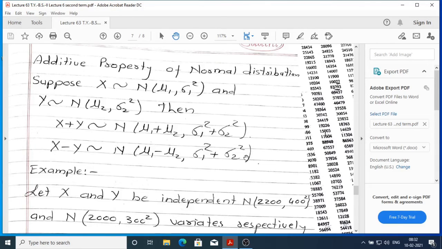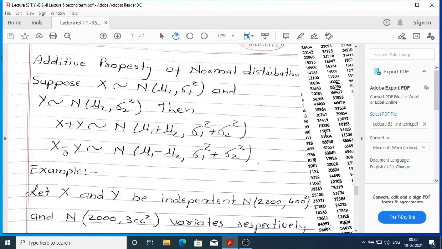Now the next concept is additive property of normal distribution. Suppose x follows normal with mu1, sigma 1 square and y follows normal with mu2, sigma 2 square, then x plus y will follow normal distribution with mu1 plus mu2, comma, sigma 1 square plus sigma 2 square, and x minus y follows normal with mu1 minus mu2, comma, sigma 1 square plus sigma 2 square.